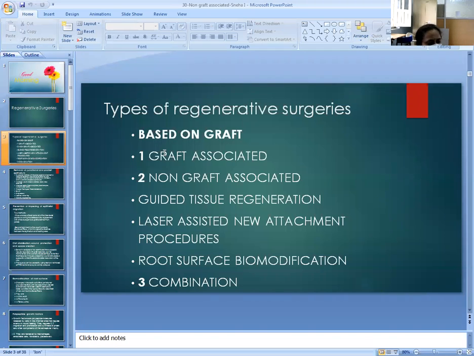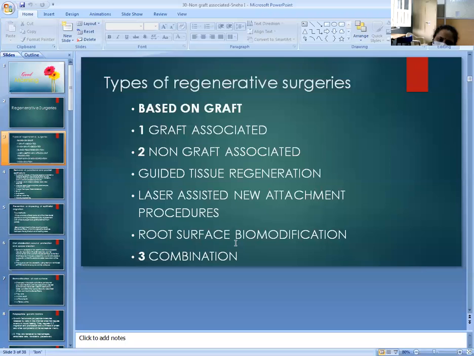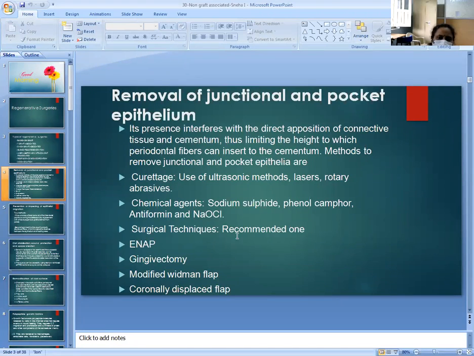Lastly, you can combine bone graft along with any of these procedures, such as guided tissue regeneration or root surface biomodification. That combined technique is another method.